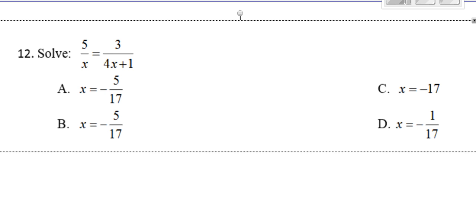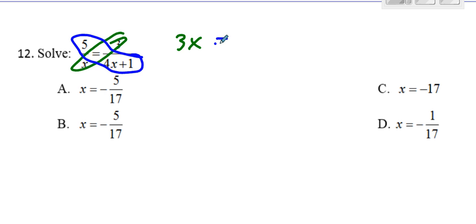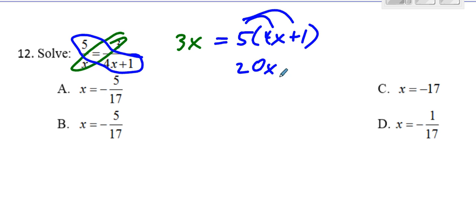Anytime you've got a fraction equals fraction, the easiest way to solve is just cross multiply. X times 3 is 3x. 5 times 4x plus 1, you have to distribute. Distribute. So 20x plus 5.